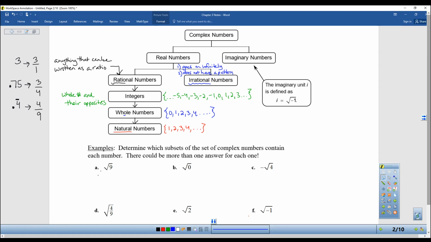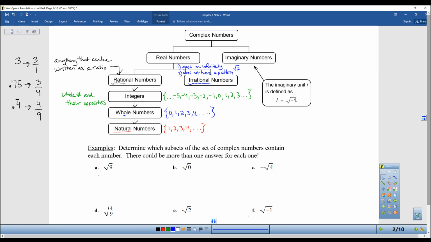Some examples of that would be things like square root of 2. If you type that into your calculator, it'll give you a decimal, but just the first 9 places. It would keep going and going and going. And unlike 0.4 repeating that also keeps going forever, at least that one has a pattern. This one goes on infinitely and does not have a pattern.